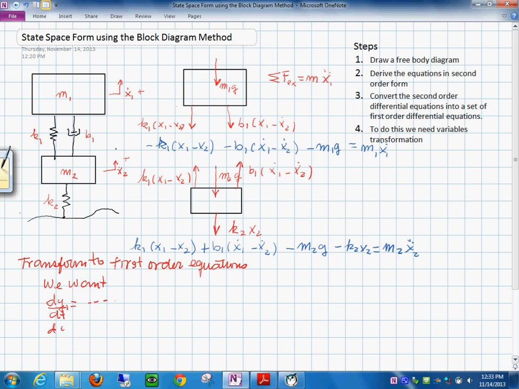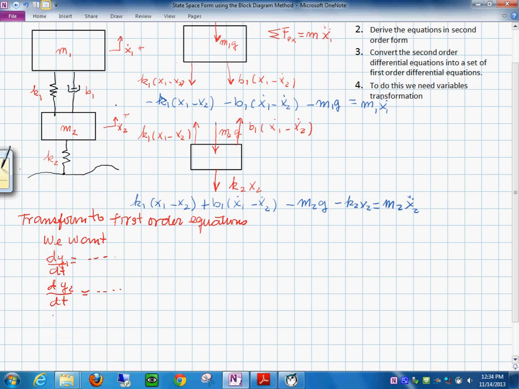We need this form, dy sub 2, because we have two second order differential equations. We will end up with 4 first order differential equations. This is what we need to find. Yeah? Okay. How do we do this transformation?